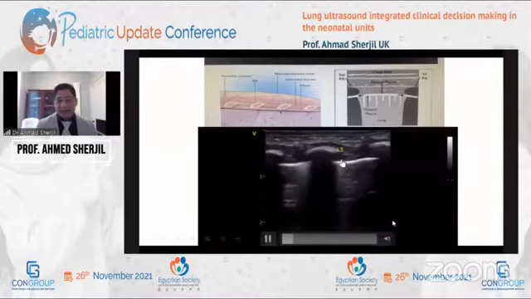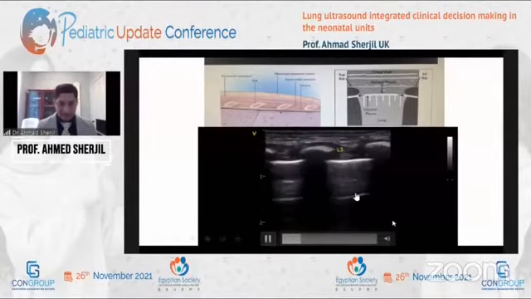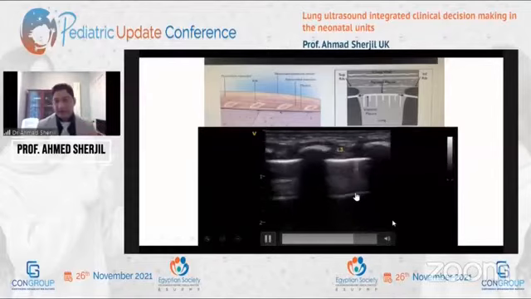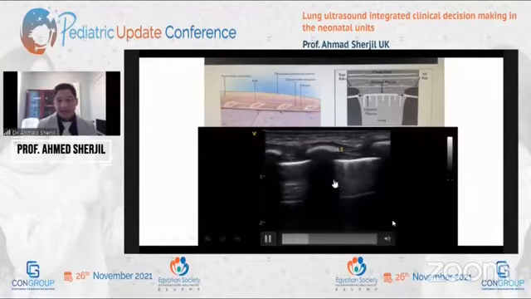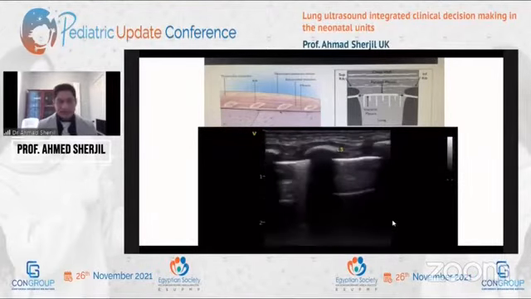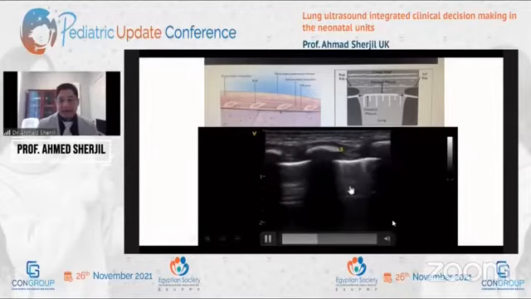And if you look down where the pointer is going, there is another horizontal line which doesn't exist. It's an artifact. It's a reverberation of the pleural line, the actual pleural line. And between these two, you're seeing some more horizontal lines. These are all artifacts. These are all reverberations. And they have a meaning.